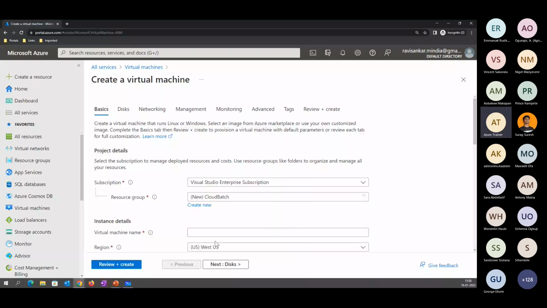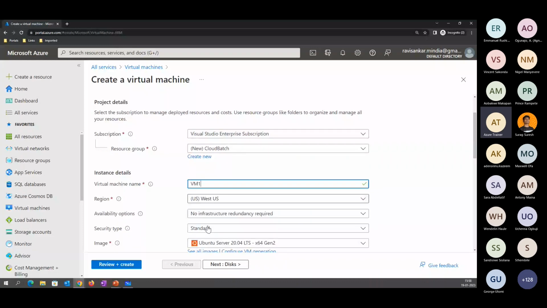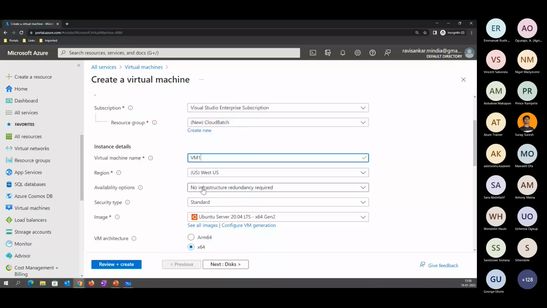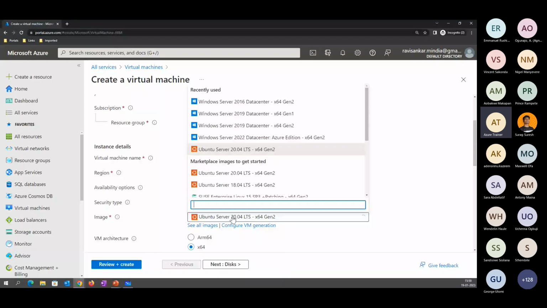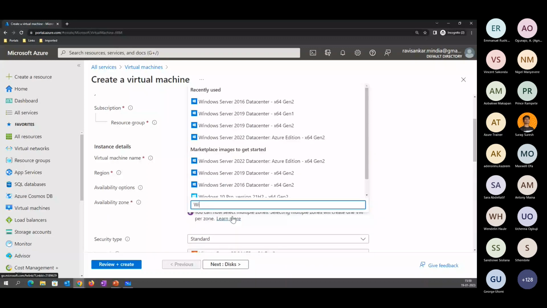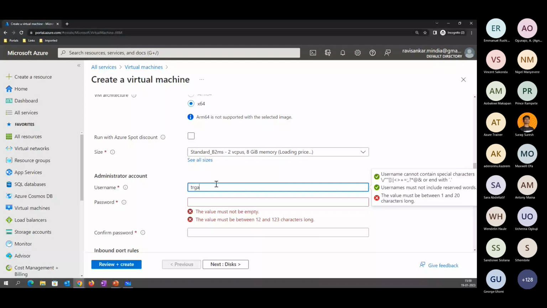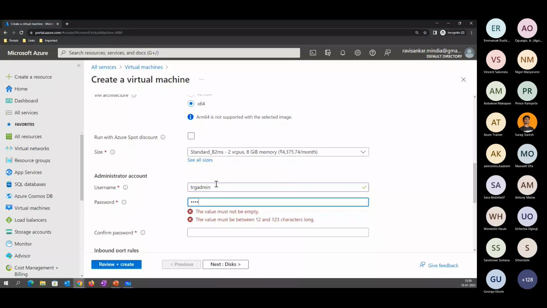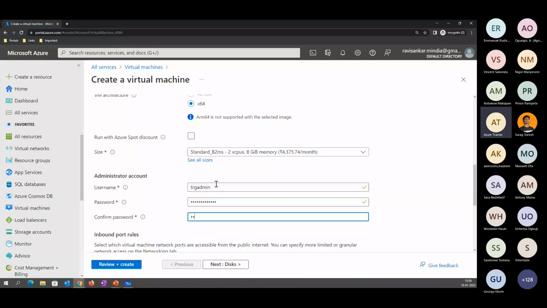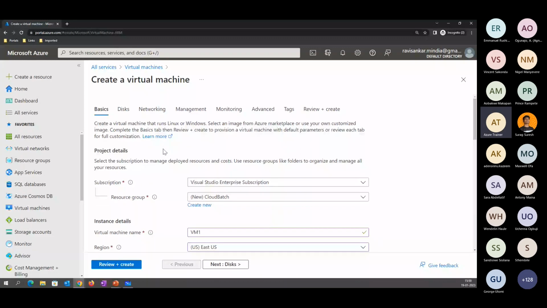I'll show you where you are going to select this public IP address here. For example, I'm creating it in the East West data center. I've given the operating system as Windows. Now the networking, or public IP address, is selected here.